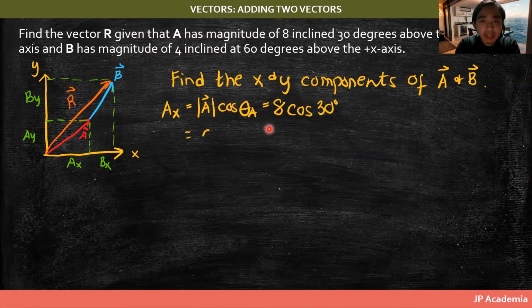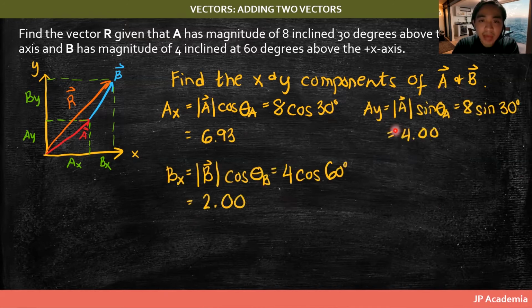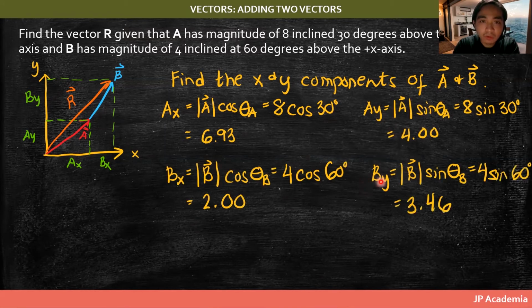So first, find the x and y components of A and B vector. So madali lang yan. Nagawa na natin kanina. So dapat kayang-kaya na natin to. And we have the following components. So we have the A sub x muna, which is yung magnitude lang naman ng A vector times cosine theta.